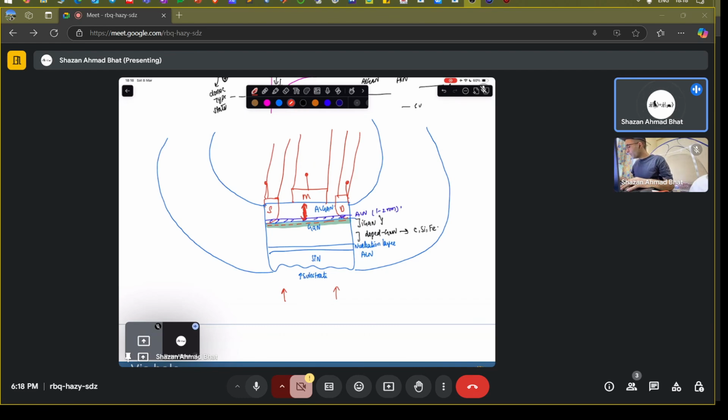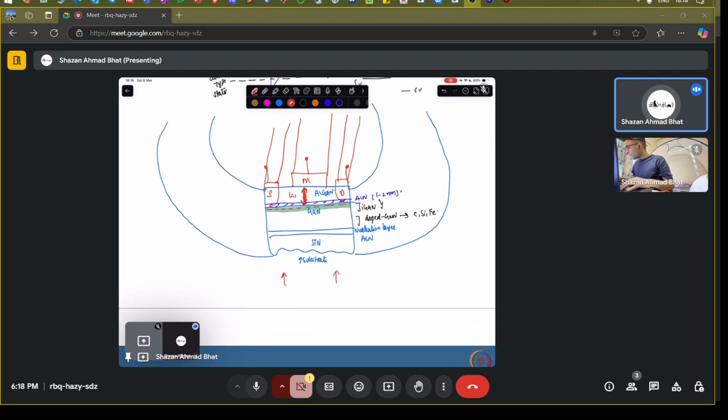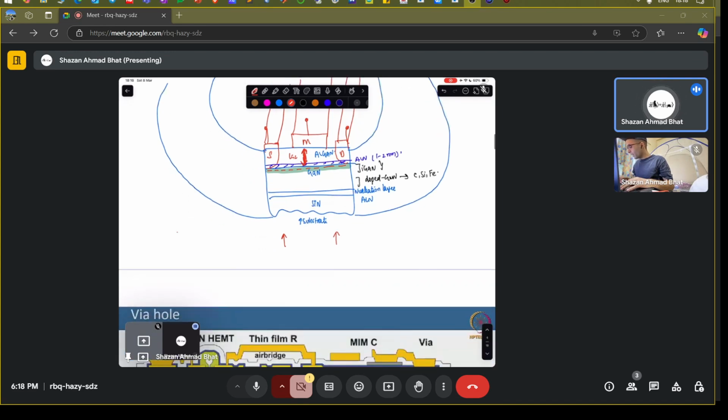Now this gate to channel length is going to be very important. Why is it important? Because it's going to determine the transconductance, which is the variation of the drain current with respect to the gate voltage. So how well can a gate control the channel? Because it's capacitively coupled.